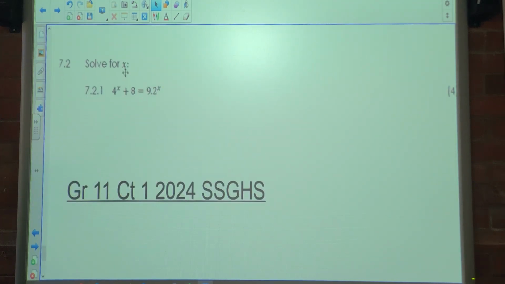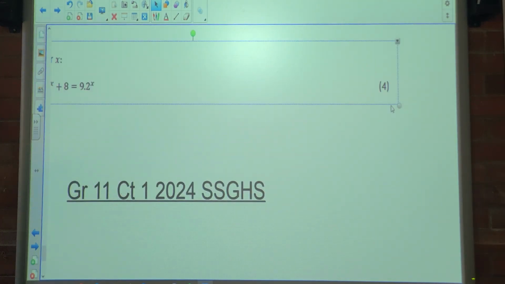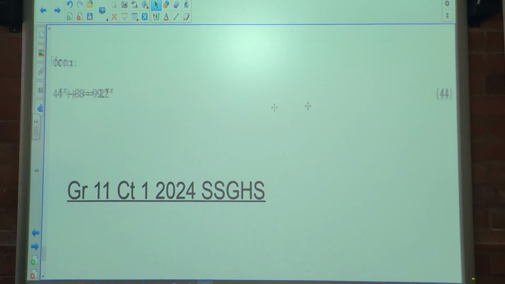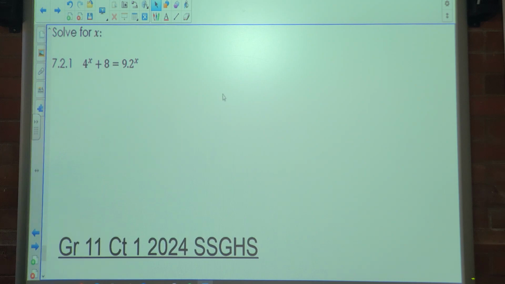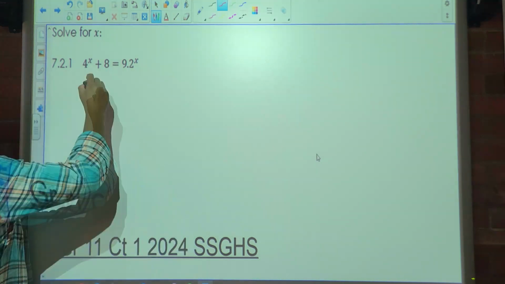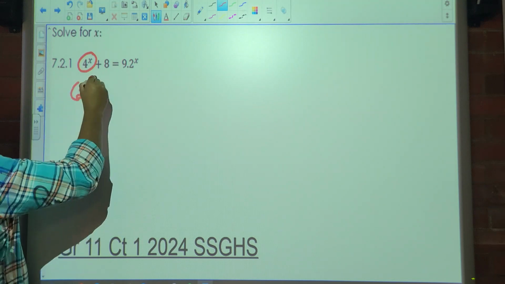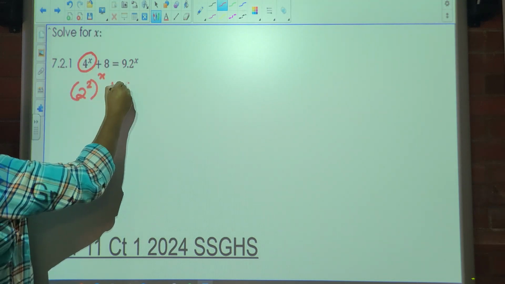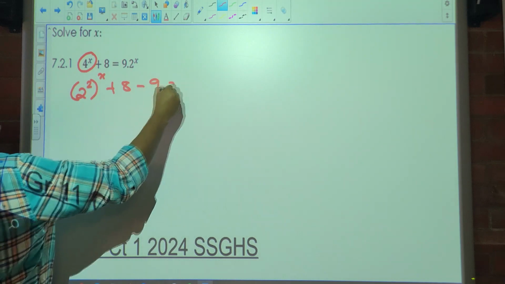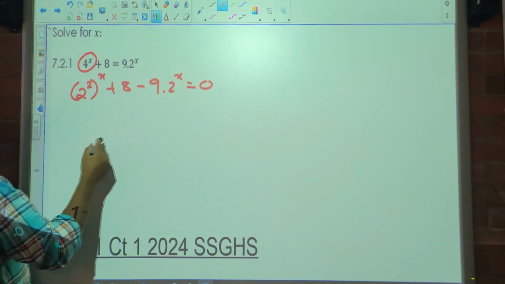Next one is question 2, 2.1. Solve for x. 4 can be written as 2 squared, raised to the x, plus 8 minus 9 times 2 to the x equals 0.